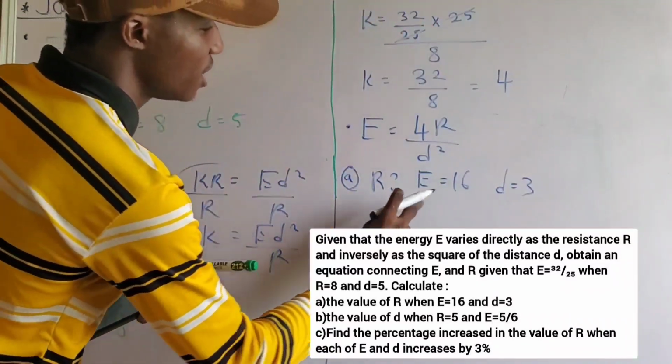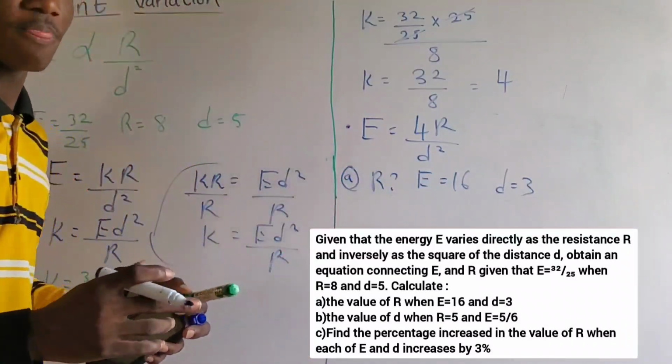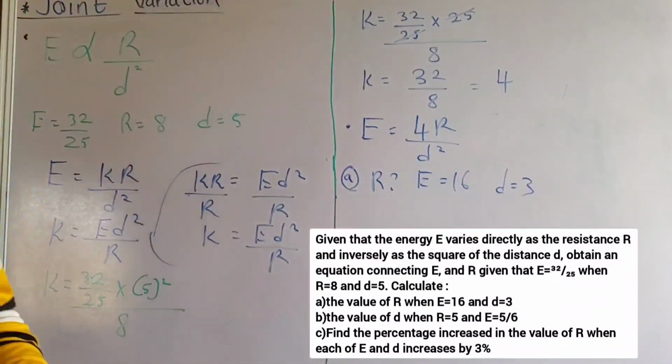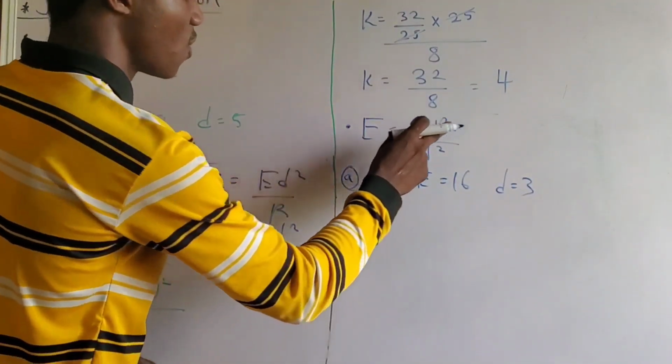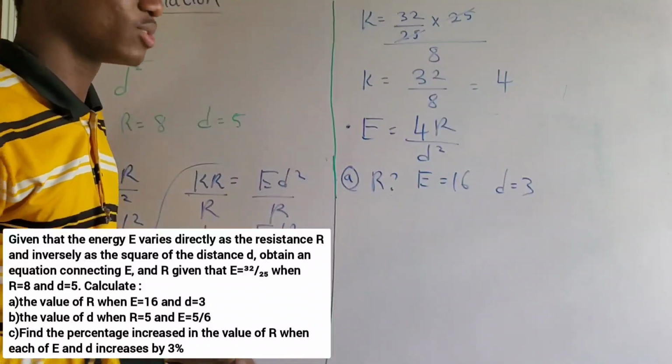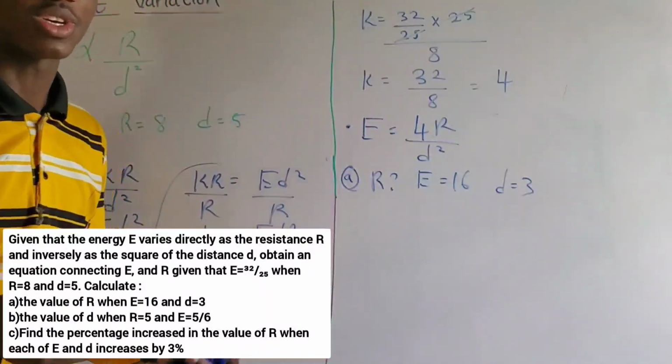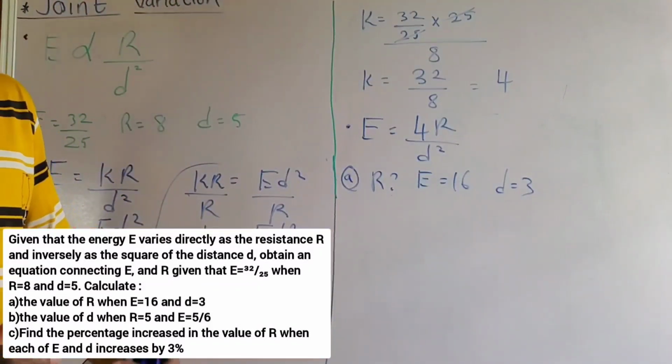Okay, let's go. E equals 16. See, let me tell you, when you obtain the equation or the formula connecting the variables, this is the formula connecting the variables. E equals 4R over D squared. All you have to do is just replace the value of the variable that you are given to get the unknown variable that you are looking for.